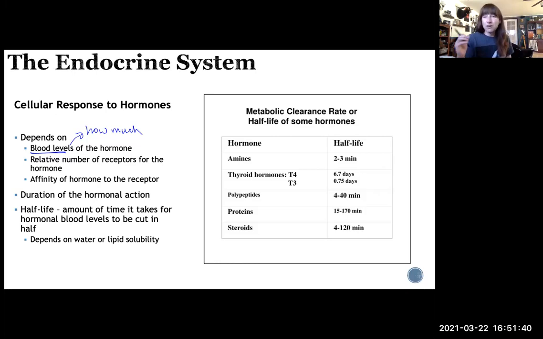And how well the hormone binds to the receptor. So this is different, right? Some hormones bind really, really strongly to receptors. It's literally chemical affinity, right? So when you get back to the basic chemistry of it, we're talking about covalent bonds, for instance, right? You've got a transference of electrons or a sharing of electrons.